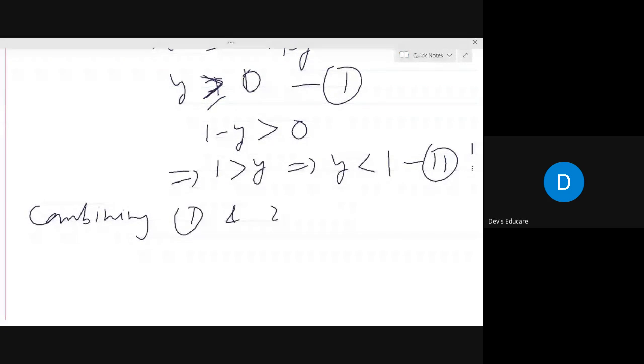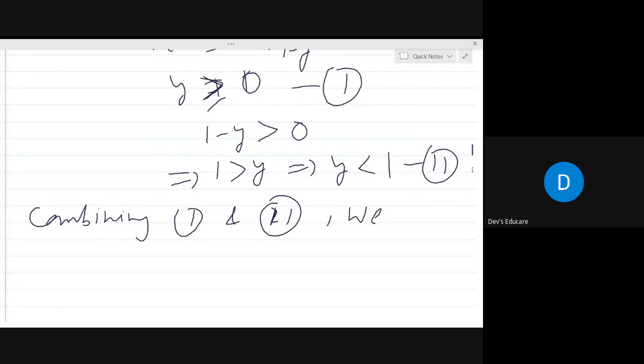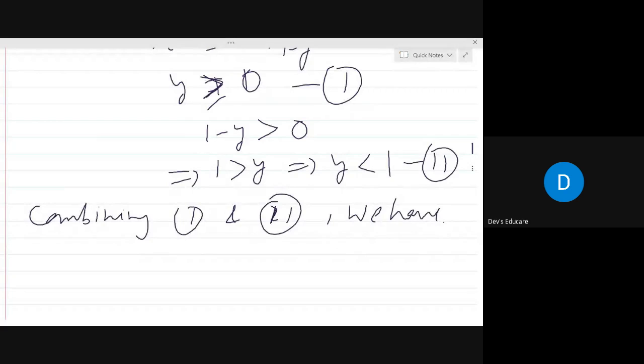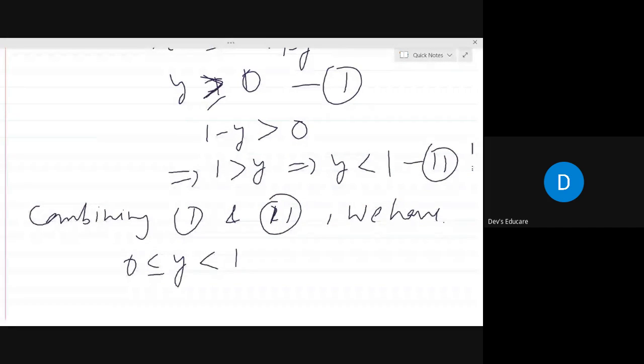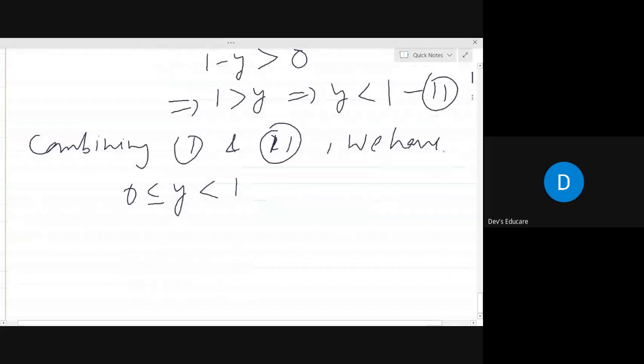Combining 1 and 2, we have y greater than or equal to 0 and y less than 1. That means 0 ≤ y < 1. So what will be the range?